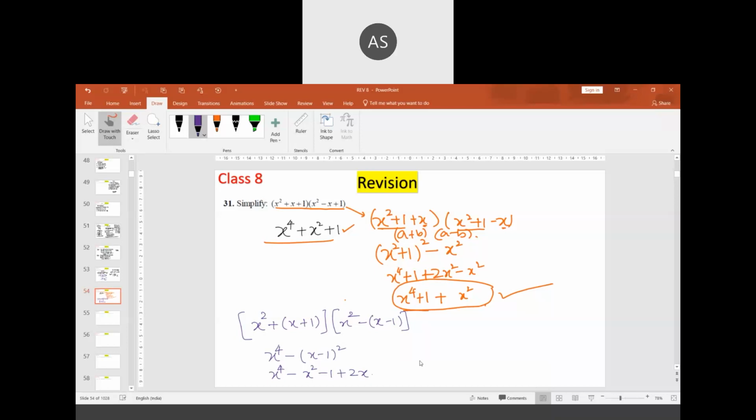No, something is wrong here. Plus 1 should be there, I think so, sir. Using identities, a plus b into a minus b. When you expand this, you will get minus x square. Plus 1.